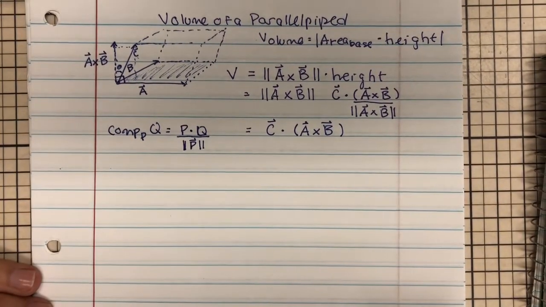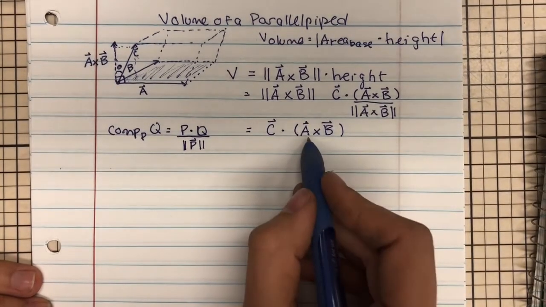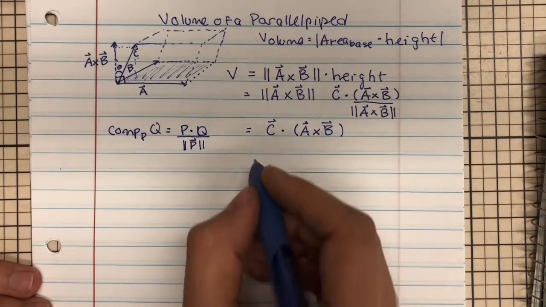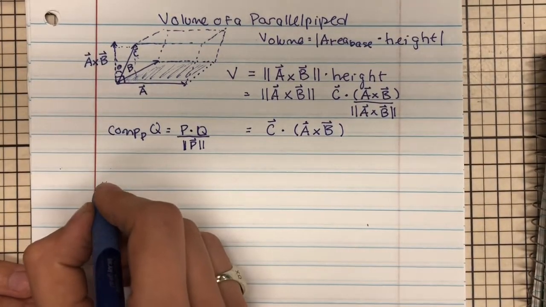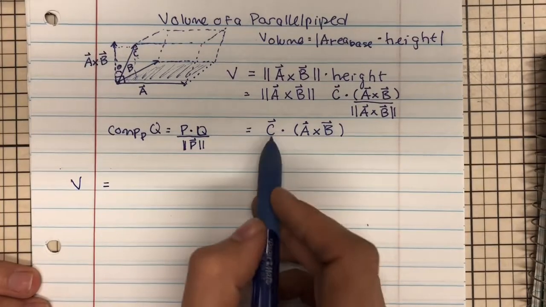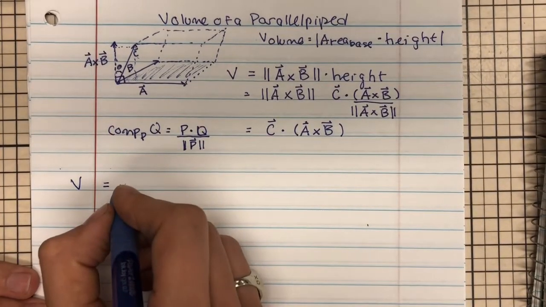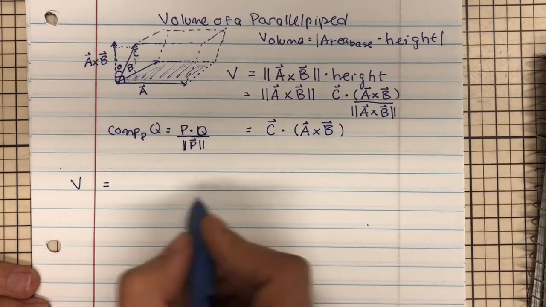Well, what does that look like? Let's try to figure out what A cross B looks like first. And this was from our last video, but I'm gonna give myself some more room. So that volume formula, you could leave it here if you would like. But in general, I just wanna show you a little bit more expanded form.